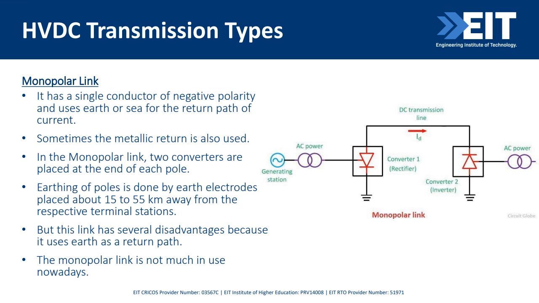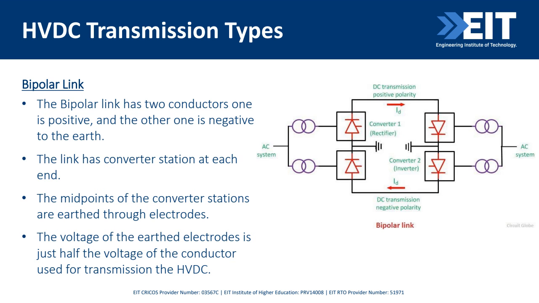It can have some challenges in terms of how much power we can transmit over this monopole. So it's not very much preferred these days, and we have bipole links, which are more useful for long distance and high power transmission.